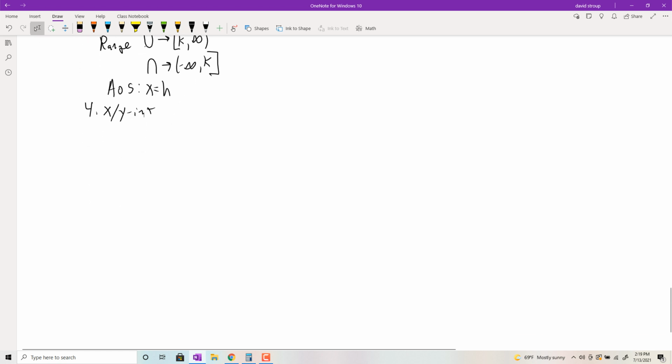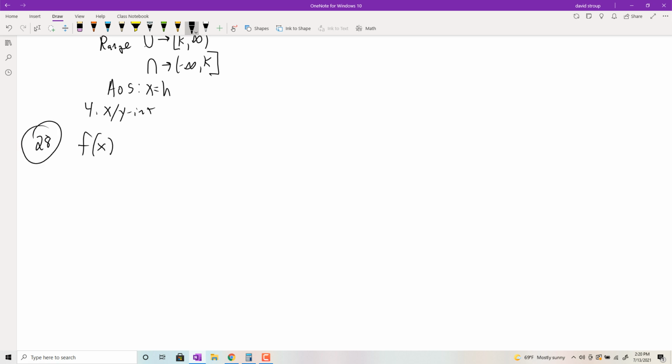So let's take a look at a couple of these guys. We'll try 28. So f of x equals x squared minus 2x minus 15. And so first, the a value is 1. That's greater than 0. That's a happy face.